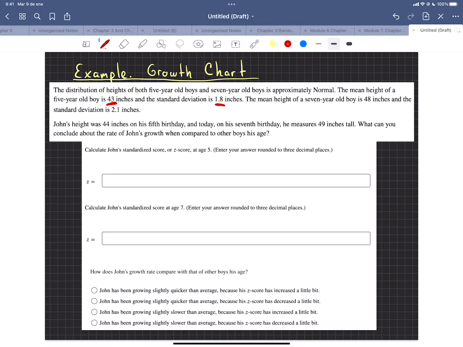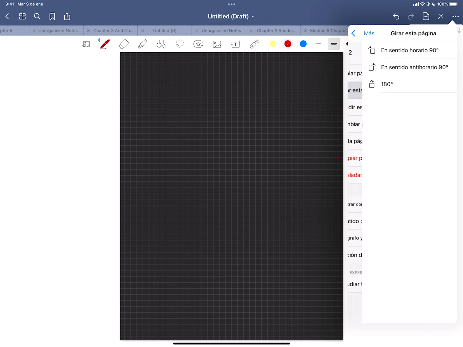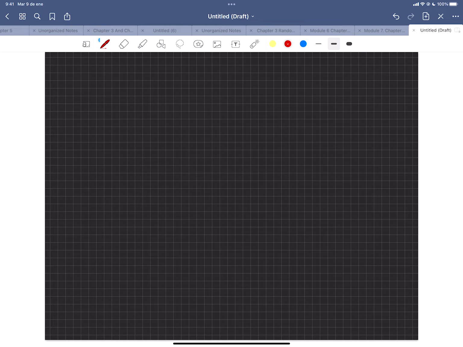All right, here we have to compute something that is called the standard score. Let me explain this. First, the standard normal distribution.